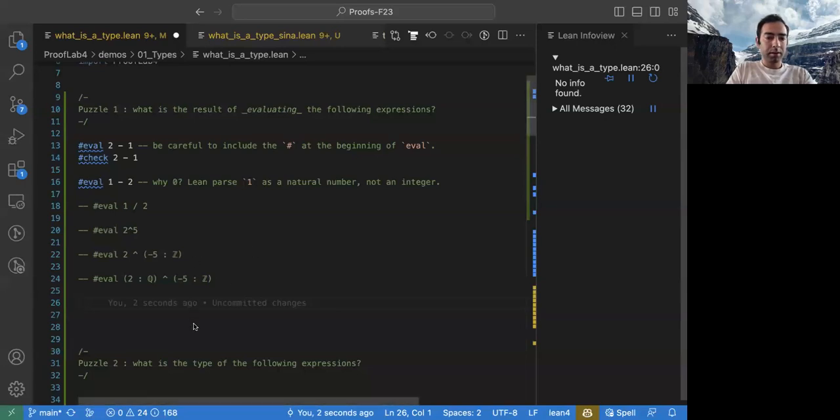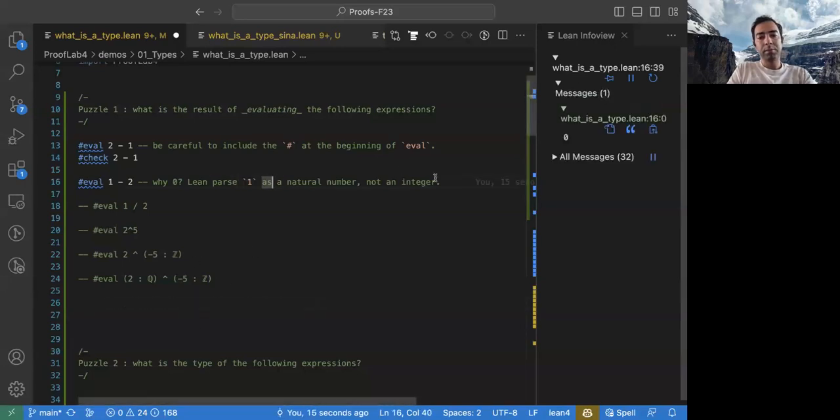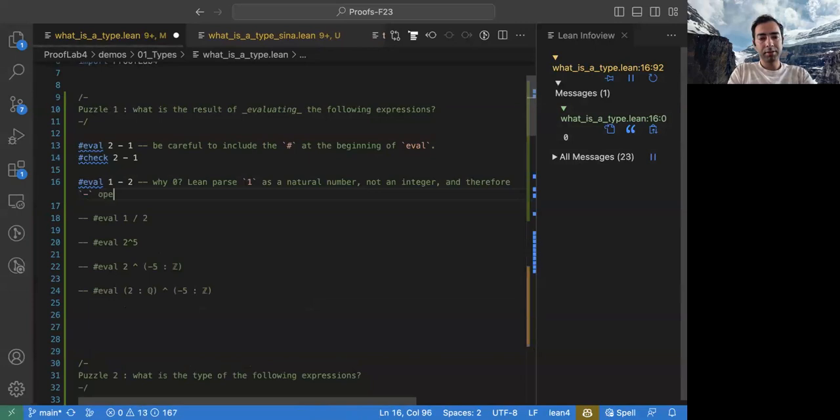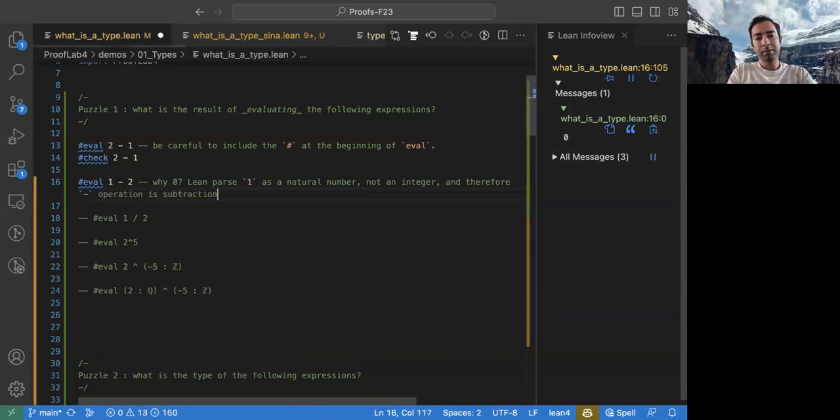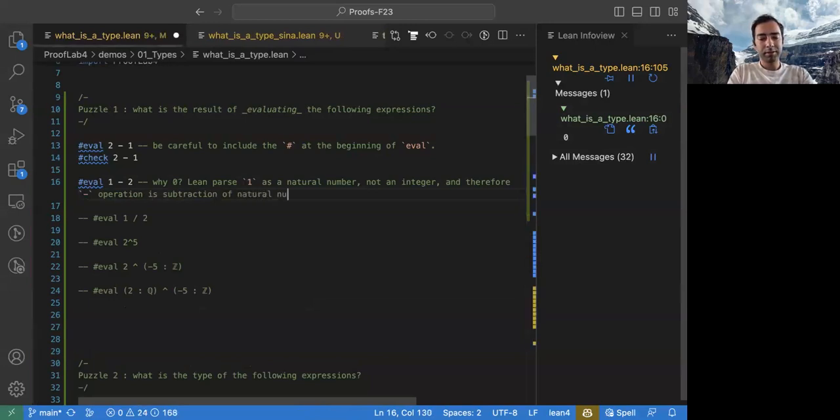Right. Exactly. So it parses 1 as a natural number, not an integer. And this means, and therefore, this operation is subtraction of natural numbers.